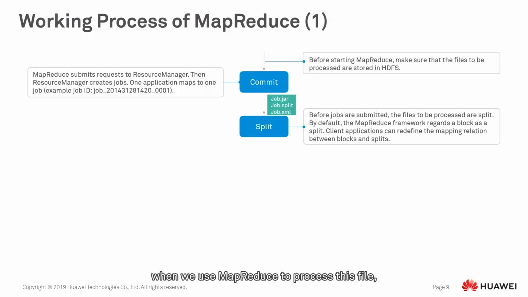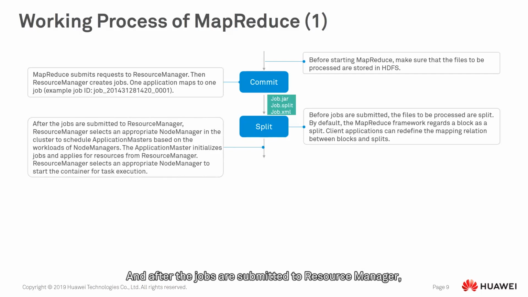When we use MapReduce to process this file, the file will be divided into 3 splits. Each block corresponds to a split, and each split corresponds to a map task. That is, a map task can only process a split. The number of splits determines that of map tasks created for the job.